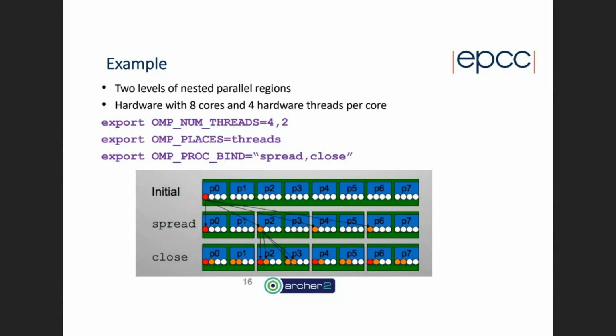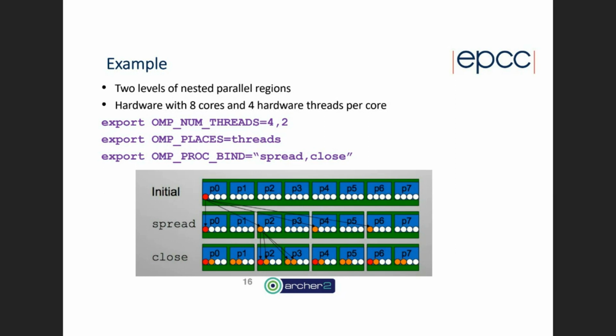And then if I say close for the inner one, what that actually means is that it'll keep those within the split of the outer one, and then start scheduling them cyclically.